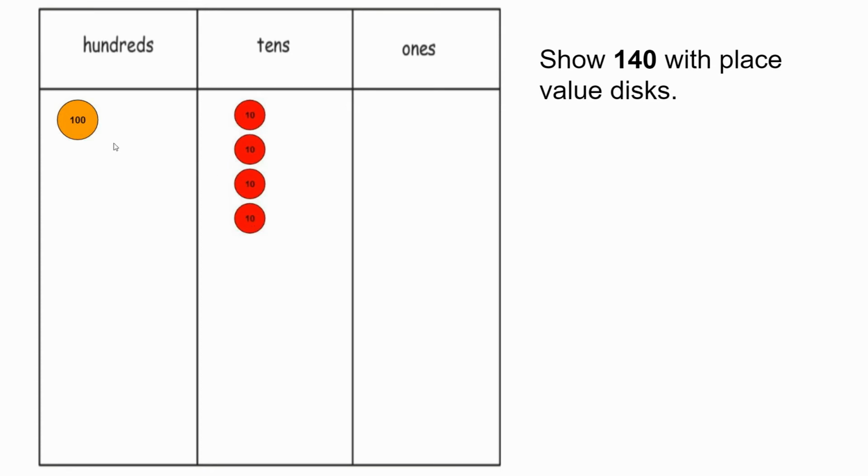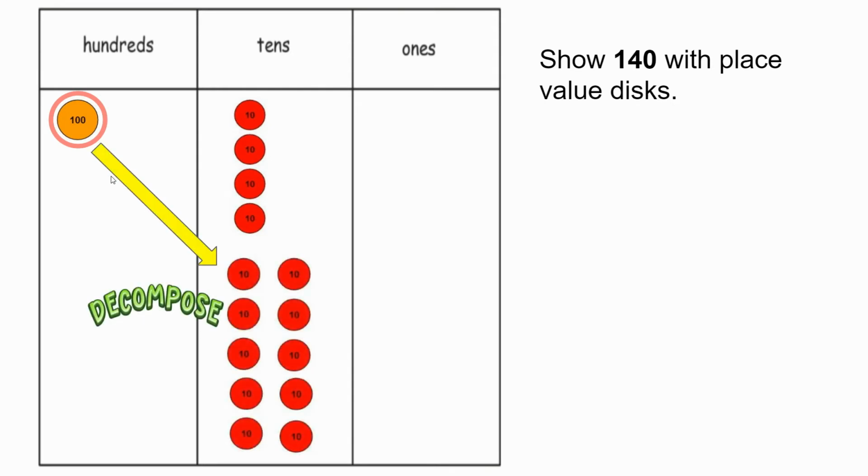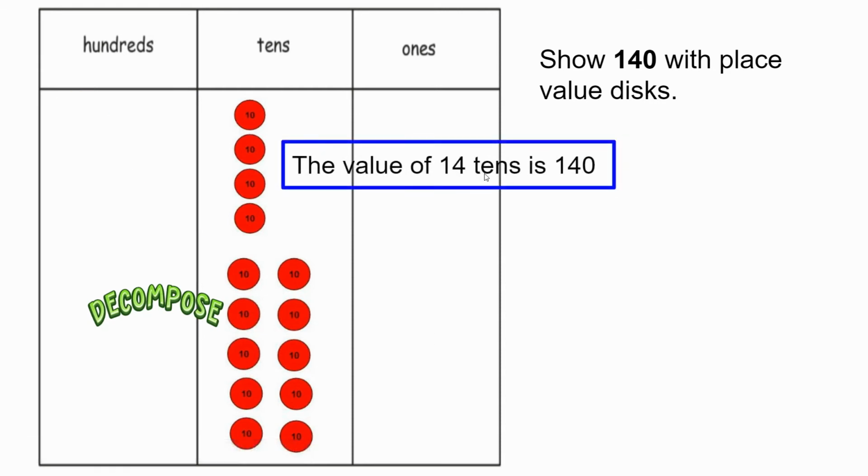Now, let's take the number 100 and decompose it into 10 groups of 10. Because remember, to get to 100, we had to have 10 groups of 10. So, we could decompose 100 into 10 groups of 10. So, the value of 14 tens is 140.